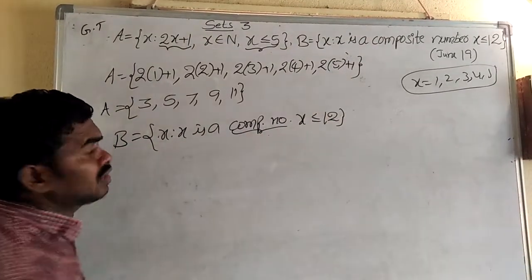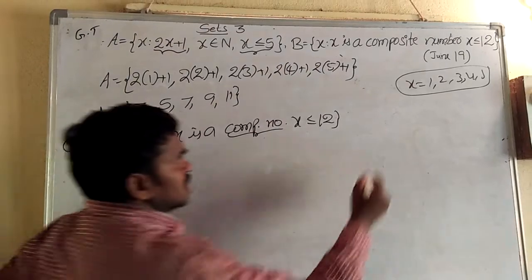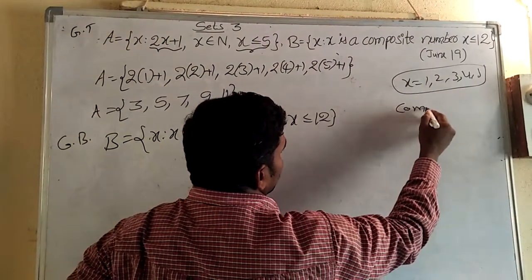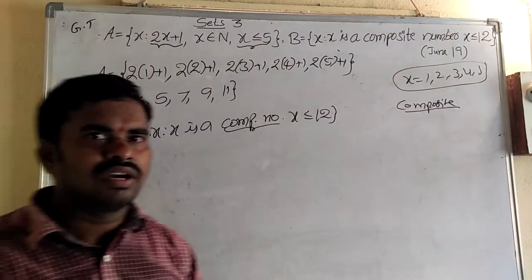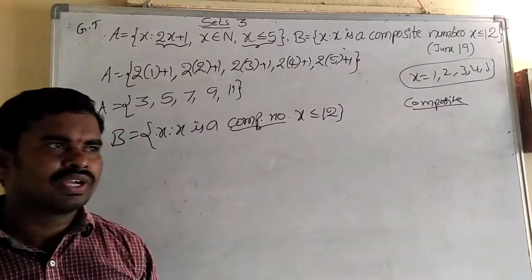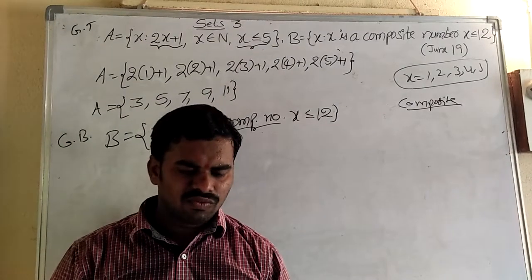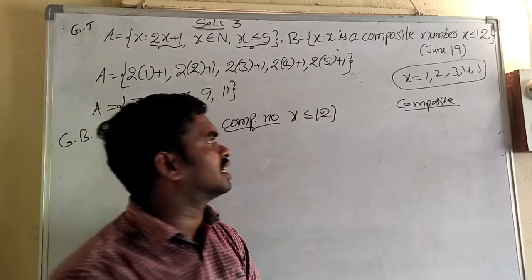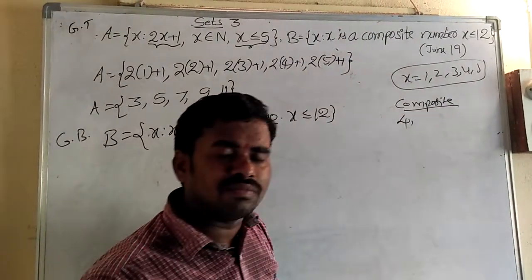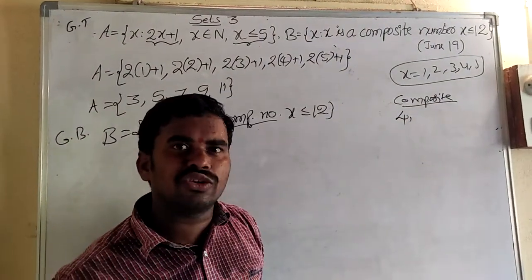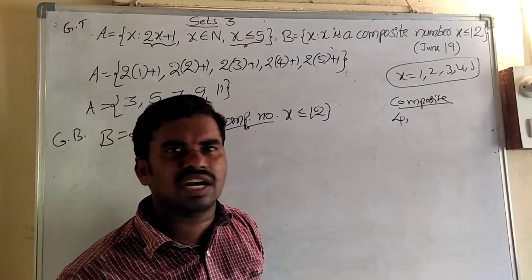First of all, what are composite numbers? Composite numbers means numbers that have more than 2 factors. For example, 4. It has 1 as a factor, 4 as a factor, 2 also a factor. So 4 is a composite number. Next, will 5 come? No. 5 has only 2 factors, 1 and 5, so it is not composite.